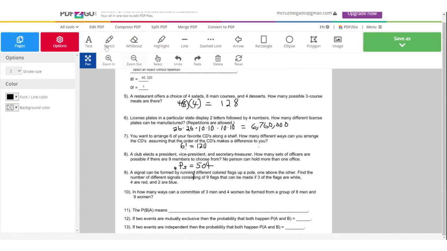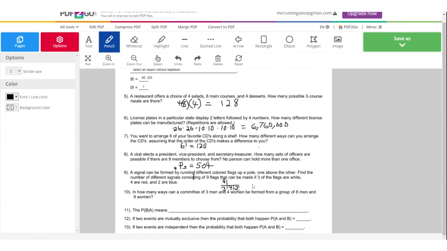So at the top, it's going to be 9 factorial. And then at the bottom, you've got the ones that are going to repeat, which are 3 factorial, 4 factorial, and 2 factorial. There's any number of ways to do this.